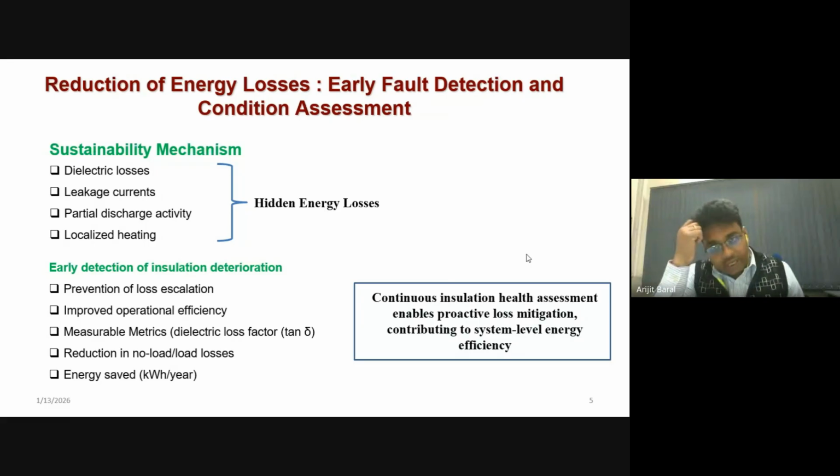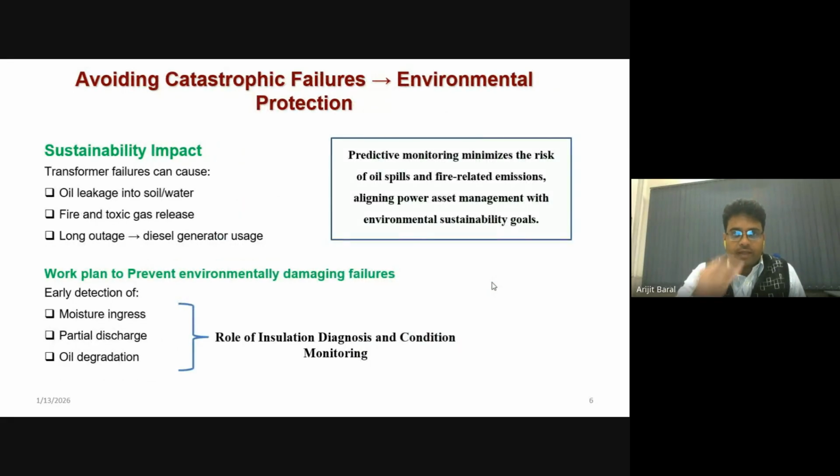So if you can detect these losses at an early stage and prevent the loss escalation, we can save lots of energy per year. Not to mention, we can also significantly reduce the environmental impact that dismantling such a large unit will have.